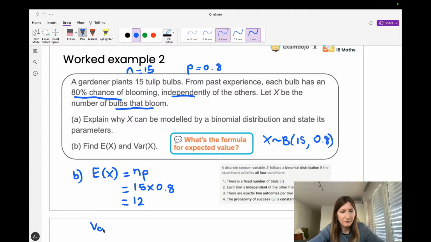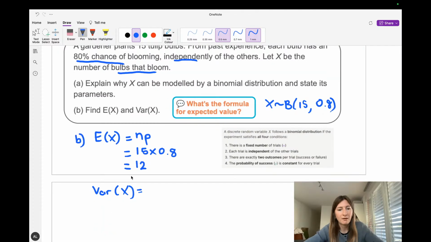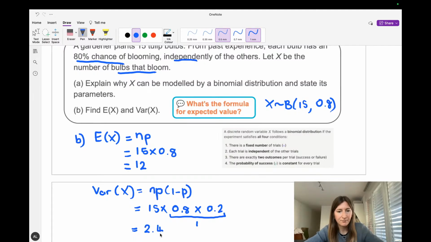Then variance, Var X, was n times p times 1 minus p. So n was 15, p was 0.8, and the probability of it not happening, the complement of 0.8, is 0.2. Remember that all probabilities add up to 1. And if we do 15 times 0.8, we know that that was 12. 12 times 0.2 gives us 2.4.